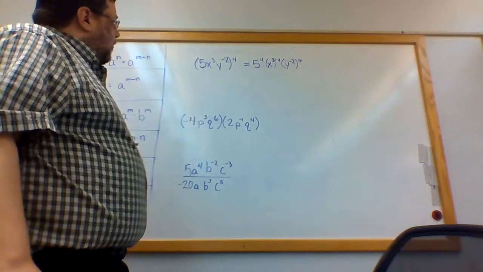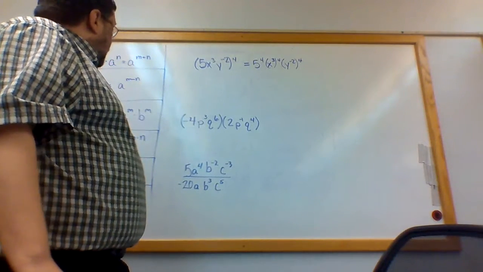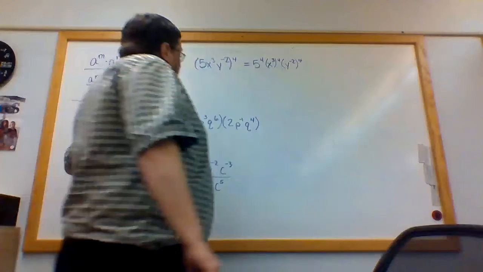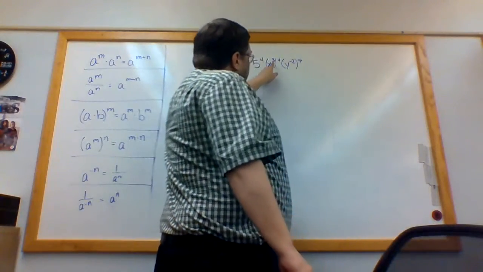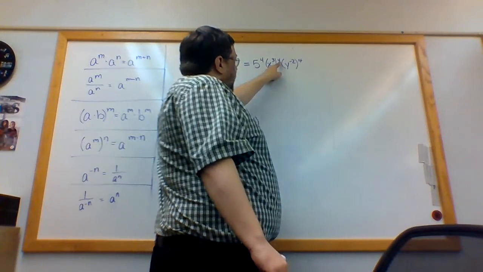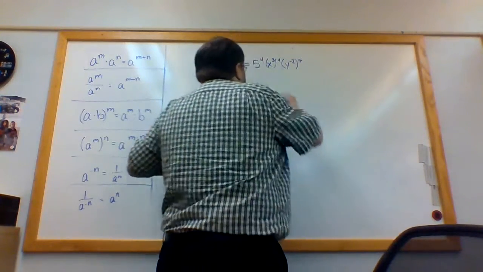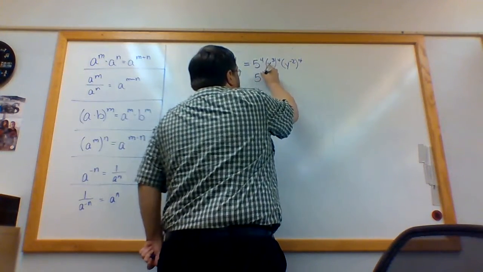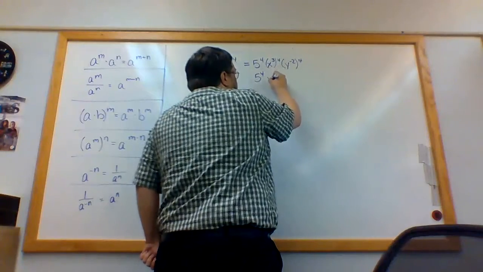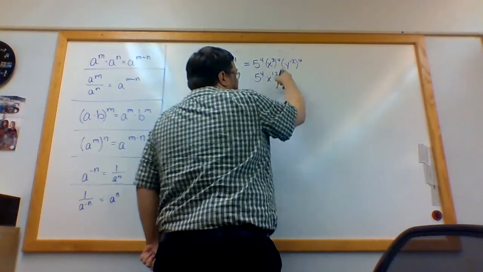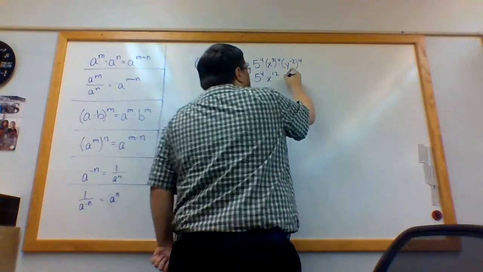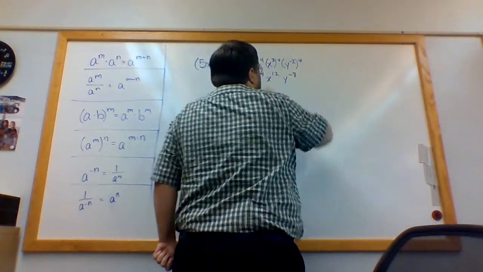So I put the 4 on everything, and now using that other property I was mentioning earlier, the power of a power property, these ones that end up with 2 powers on it, remember the rule there says you can multiply those powers. So I'm going to have 5 to the fourth power, x to the 12th power, 3 times 4, and y to the negative 8th power.